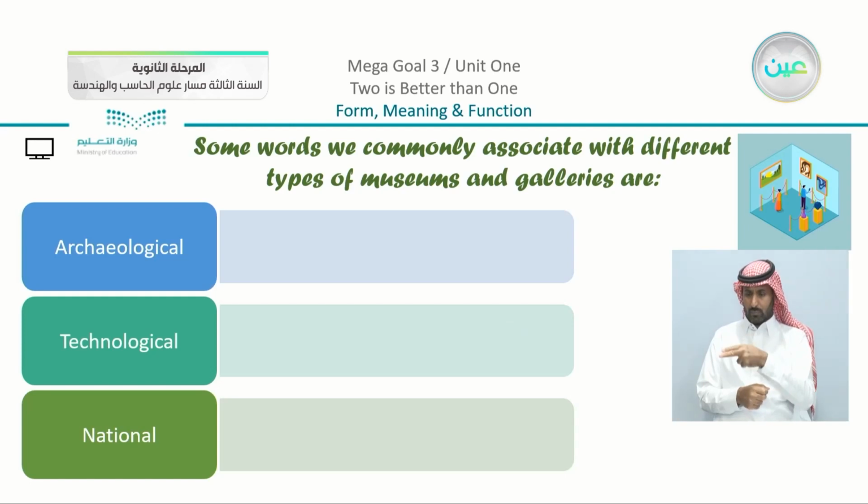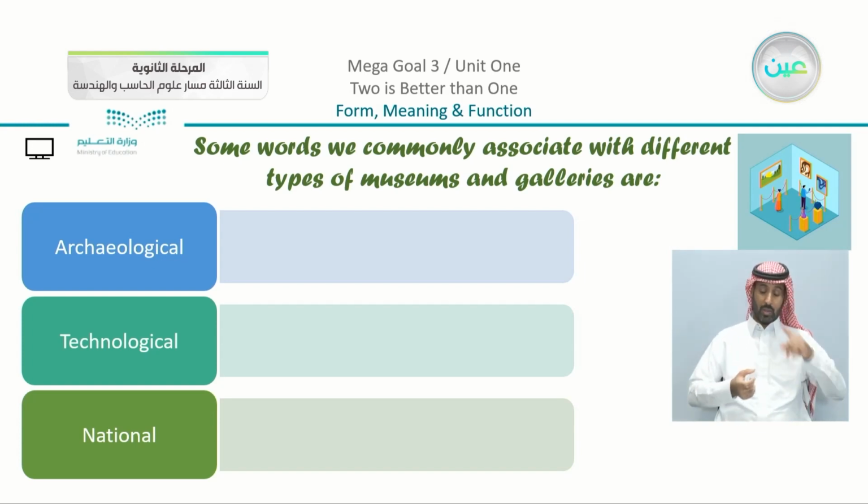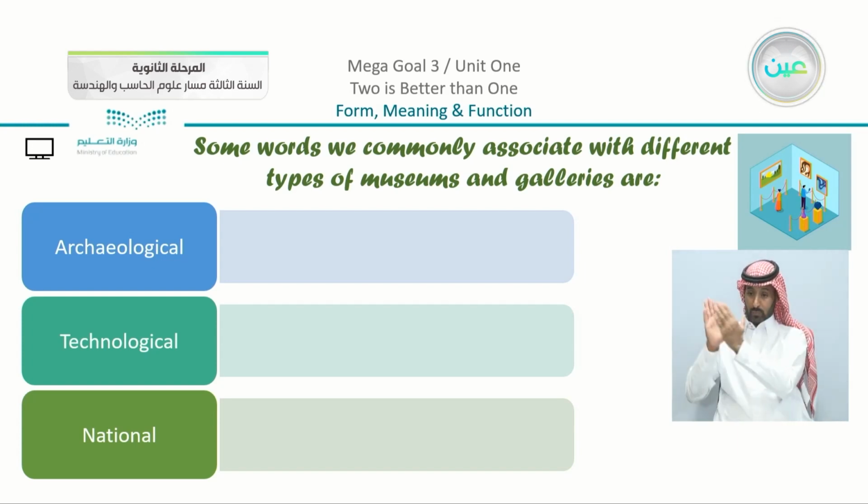You can see in your book that we have here 3 parts in a table. We have here archaeological, we have technological, and national. So going back to the title here, some words we commonly associate with different types of museums and galleries are, we have here 3 parts.